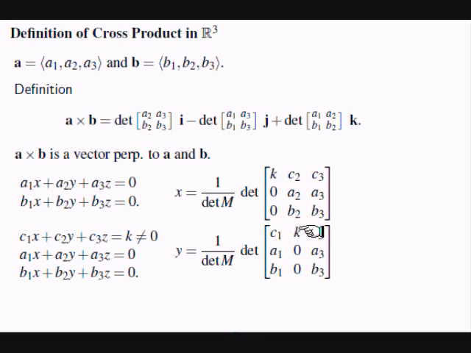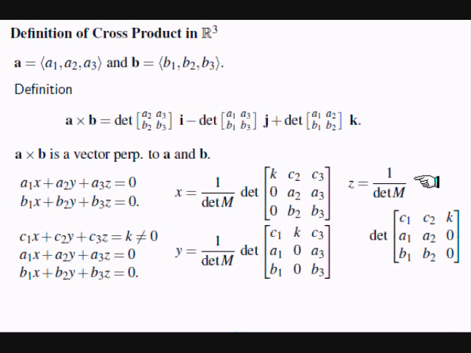It's the same k, 0, 0 we had before, but it replaced the second column because the y you see here is the second component of the unknown vector x, y, z. And here's the z part. That is exactly the same pattern: k, 0, 0 appears in the third column because z is the third component of the vector.